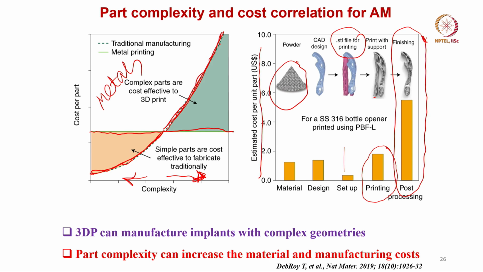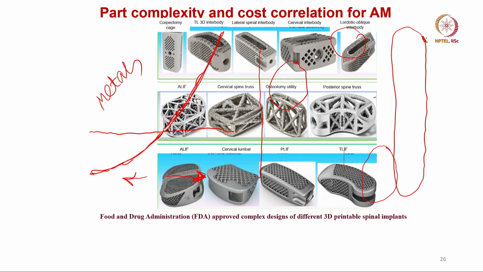So, post processing is very important, because all the overhanging structures, also surface roughness needs to comply with the engineering requirements. There are two things that I have mentioned, and it has also been mentioned in the statements made in this slide: that 3D printing can manufacture implants with complex geometries, and part complexity can increase the manufacturing cost.